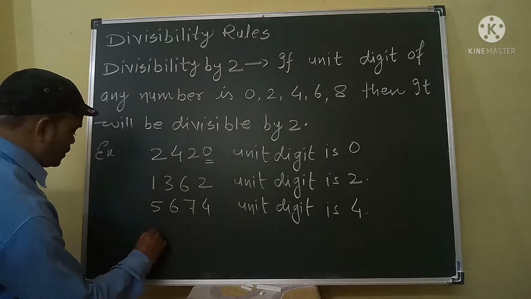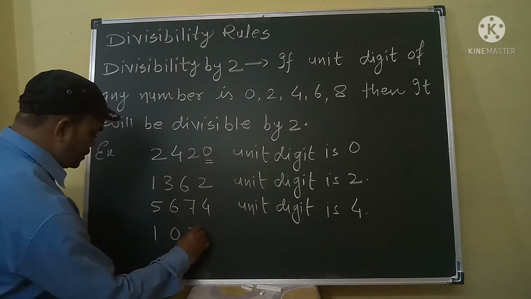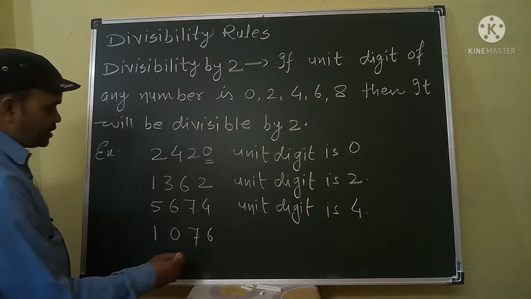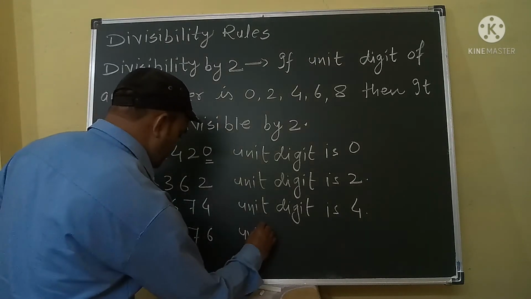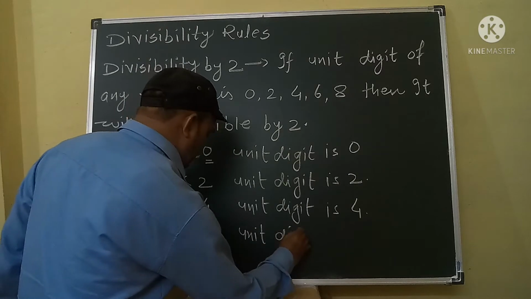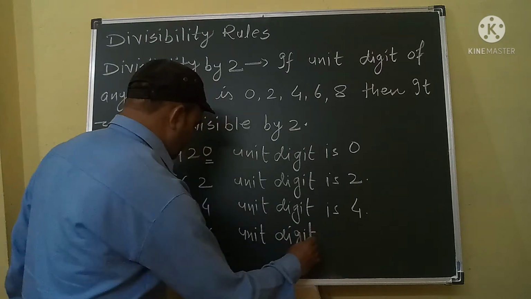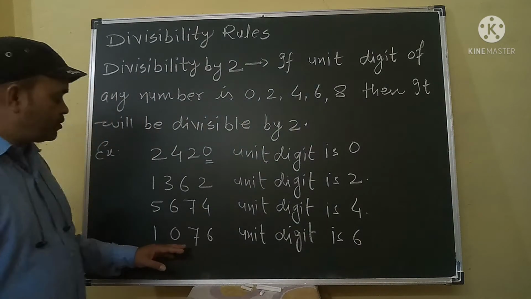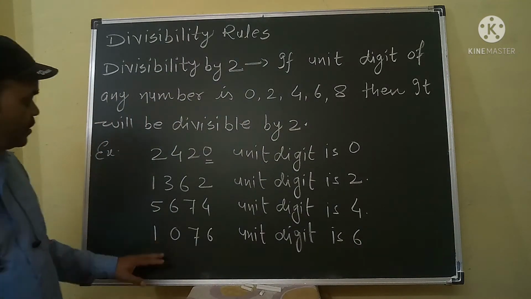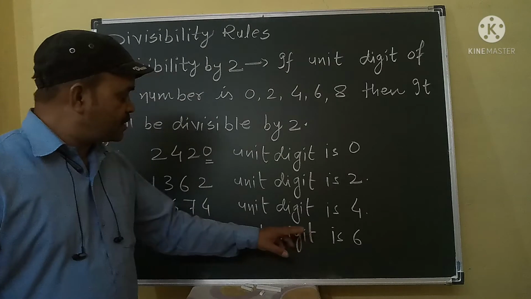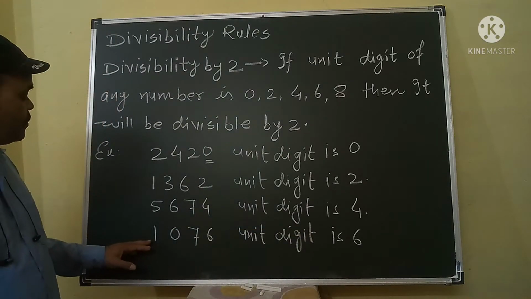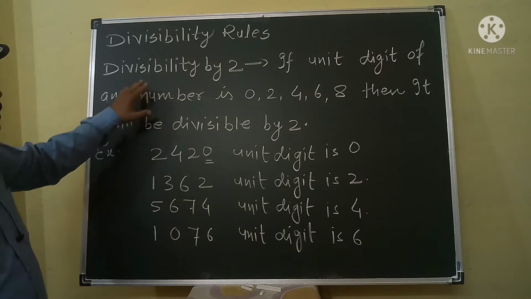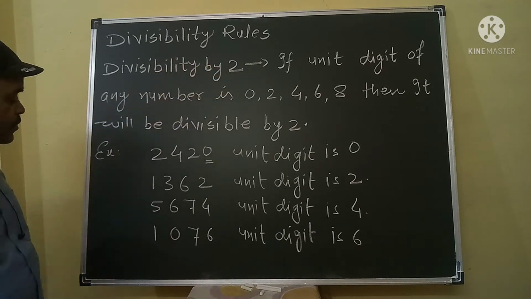In another example, suppose 1076. In 1076, the unit digit is 6. Therefore, 1076 will be divisible by 2.